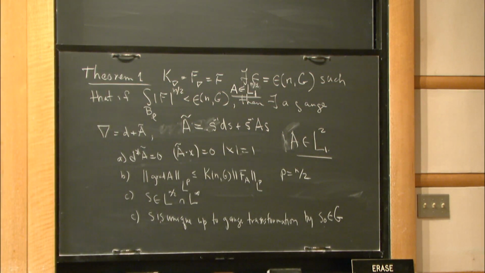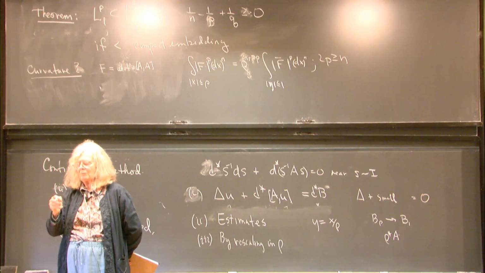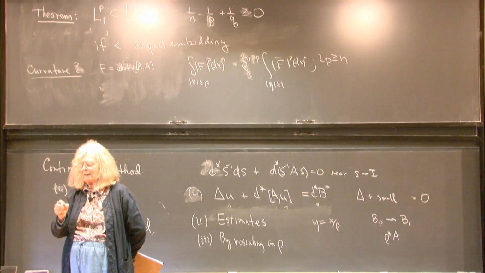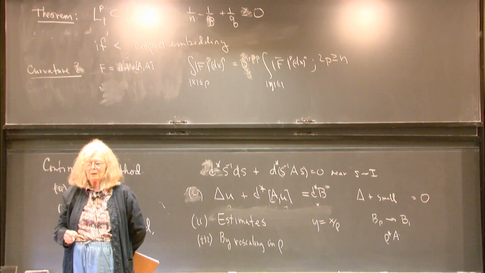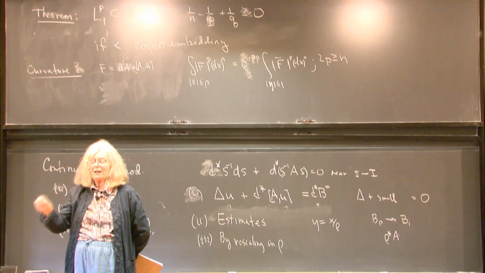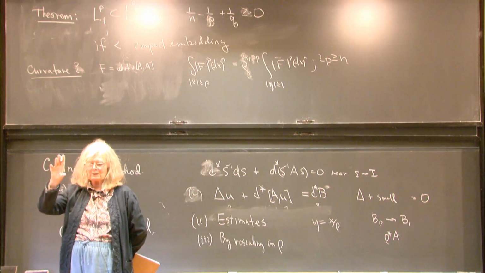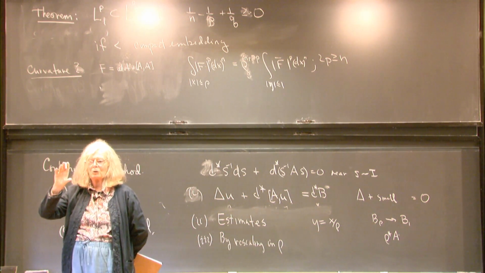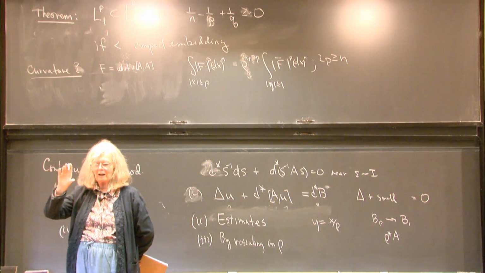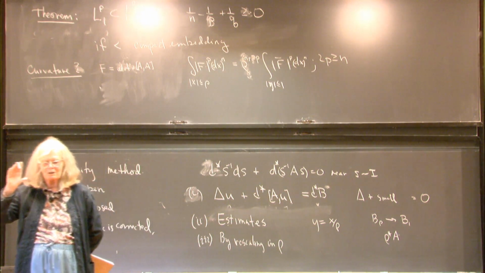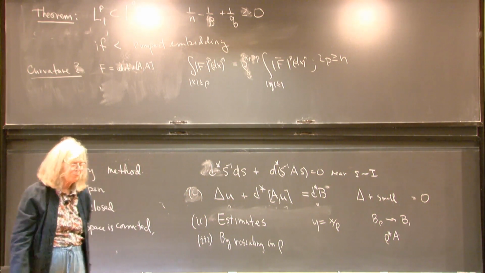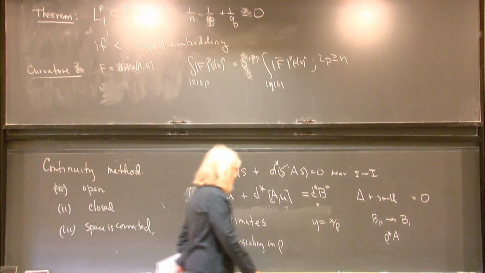In fact, you can show that if you take an A with D star A equal to 0 and you multiply it by something very big, that solution is not a minimum of a functional, which means that it's not going to be a unique solution. So anyway.